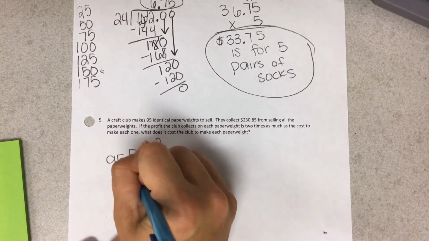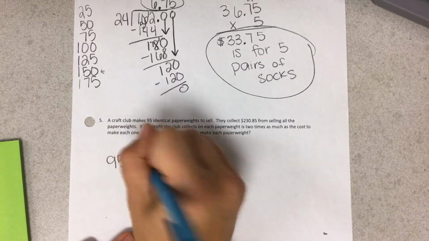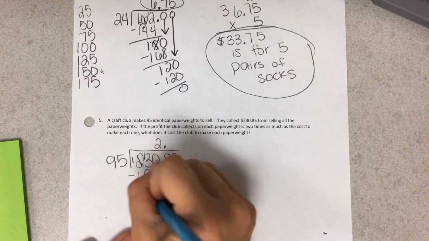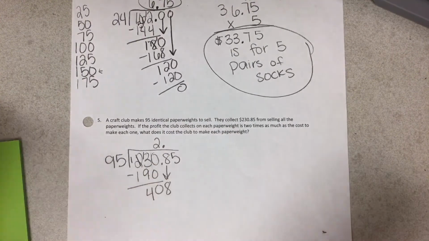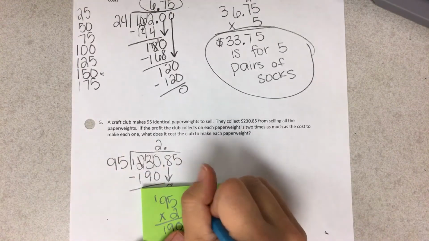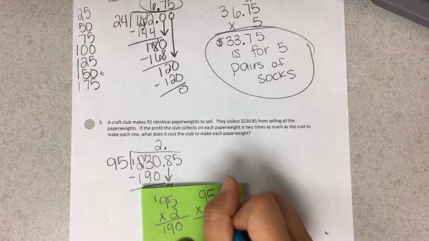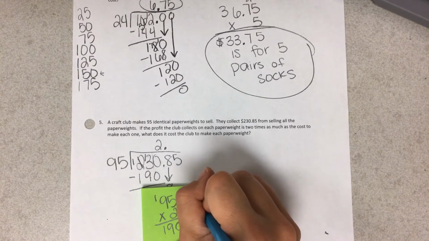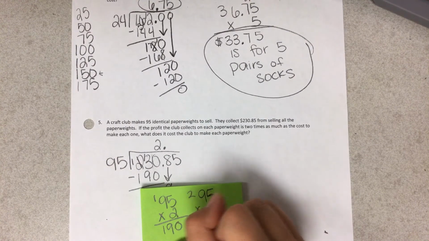Okay, I'm going to subtract 190. 13 minus 9 is 4. Perfect. Bring down my 8. So let's try 95 times 4. 5 times 4 is 20, regroup my 2. 9 times 4 is 36, 37, 38.